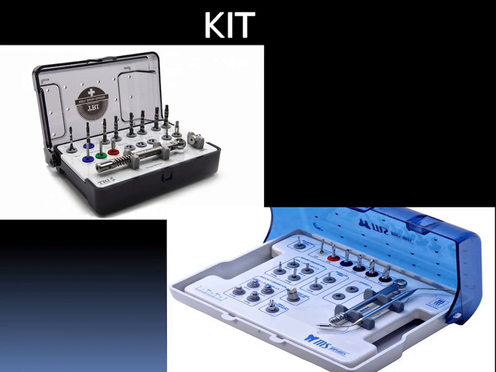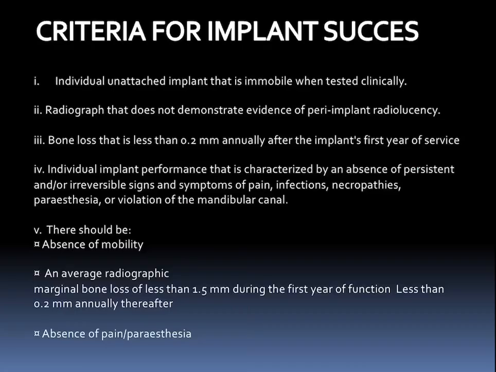Suppose we want to place an implant of 4.8 mm, we will drill up to the size of 4.3 mm, and the last drill would be the implant itself, whether it's a hand driven implant or a motor driven implant.